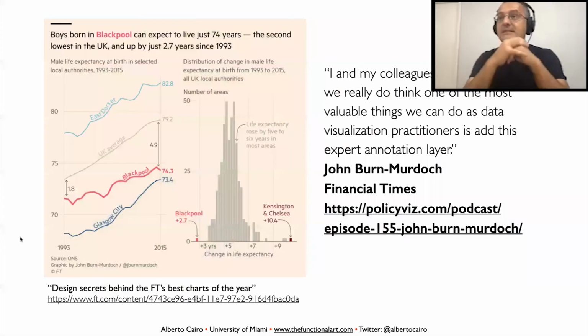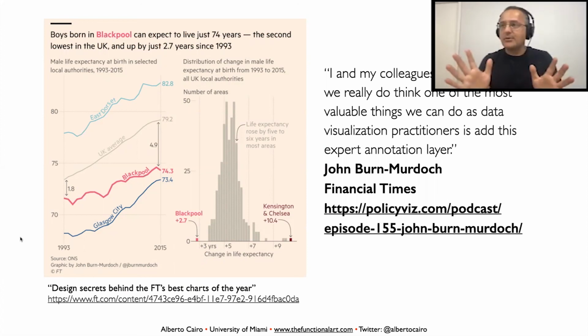Now, some visualization designers say that one of the most important things that we do as visualization designers is not the visualization itself, it is the explainers that we add to the visualization, what I called before the annotation layer. John Burn-Murdoch, for example, who is one of the most popular visualization designers at the Financial Times, in my opinion one of the gold standards in data journalism nowadays, says in one interview that you can read later when you have access to the slides, that in the data department of the Financial Times, they think that one of their most important jobs is not even the visualizations.